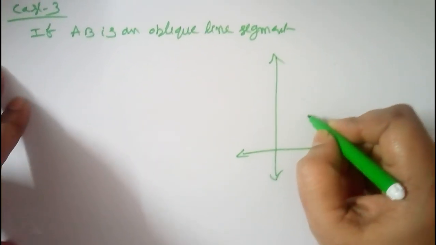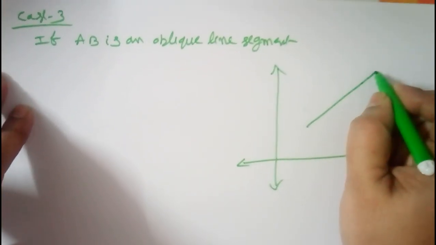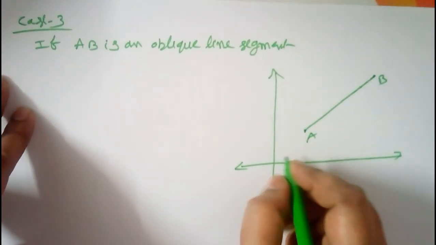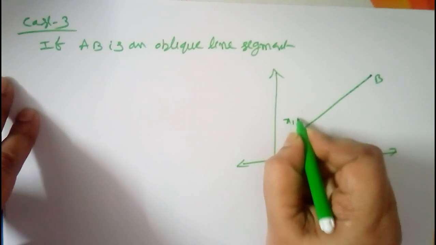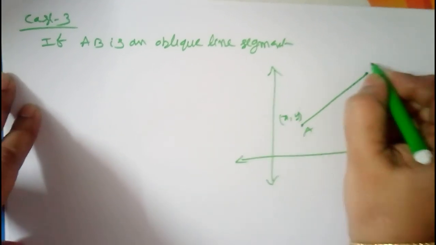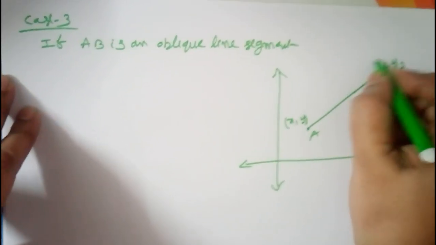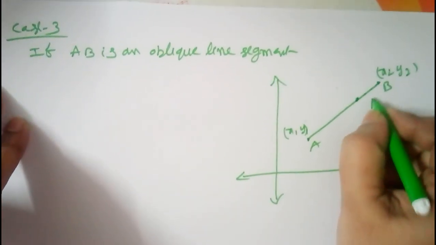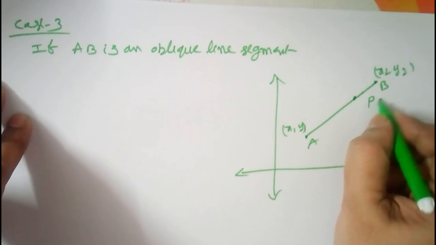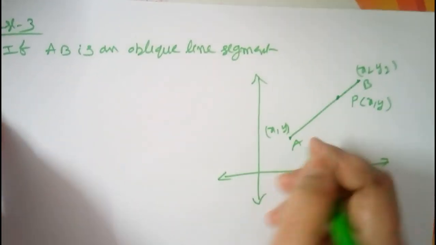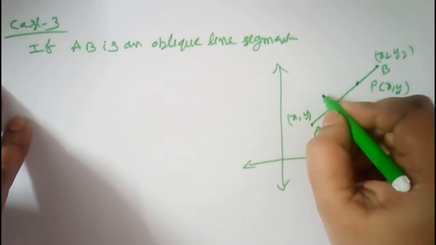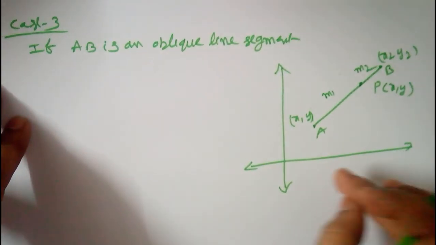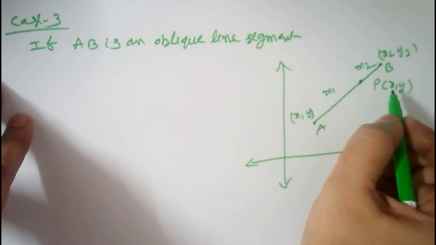Now it is the line segment AB, A (x1, y1), B (x2, y2). The point P (x, y) divides the line segment internally in the ratio m1 is to m2. Now we have to find the coordinates x and y.